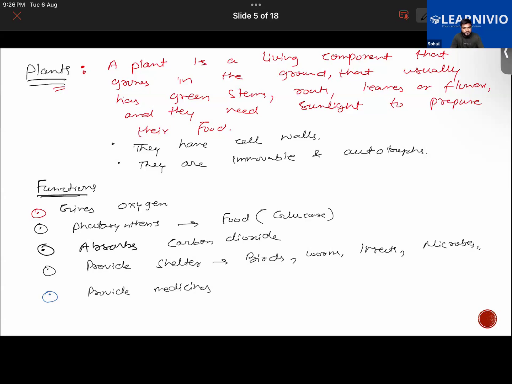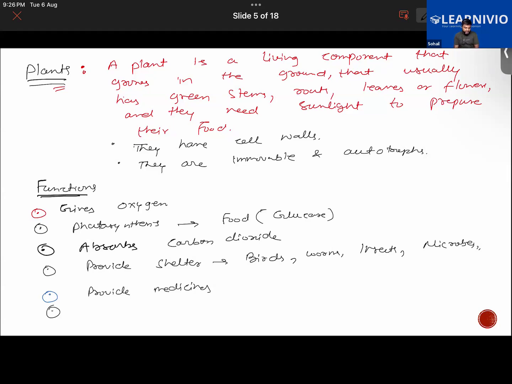Furthermore, tell me, in a forest or an area with a rich density of plants, will soil erosion take place easily?